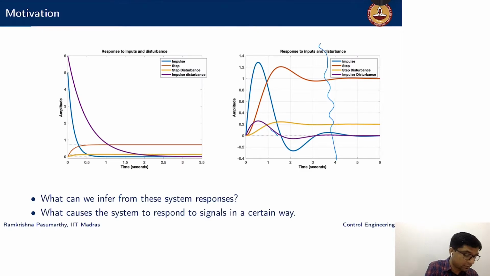We also can largely say that the response on the right corresponds to an underdamped system. The response on the left could simply be a first order response of a first order system.